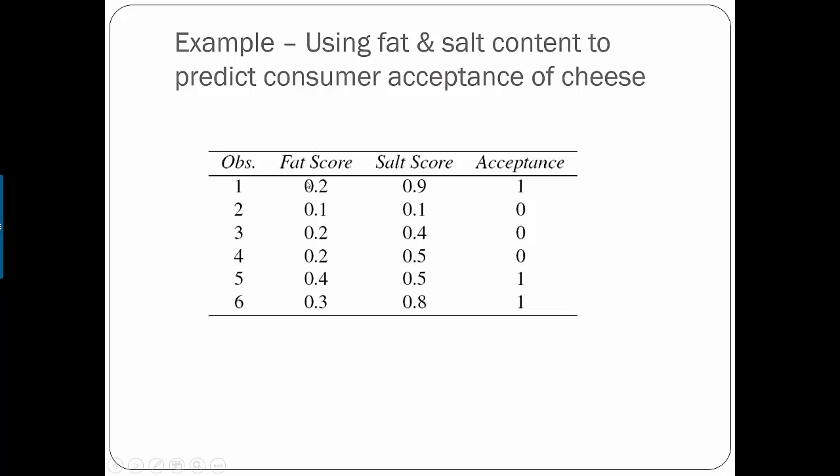The fat content is converted into a standardized score, and the salt content is standardized into a score. And for each observation, we have a target value, whether the cheese was of acceptable quality in terms of flavor, etc., or not acceptable, which is coded as 0.